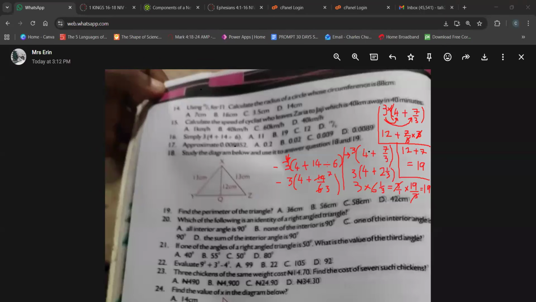Let's go to number 18. Let me wipe off that annotation there. So, what's the issue?